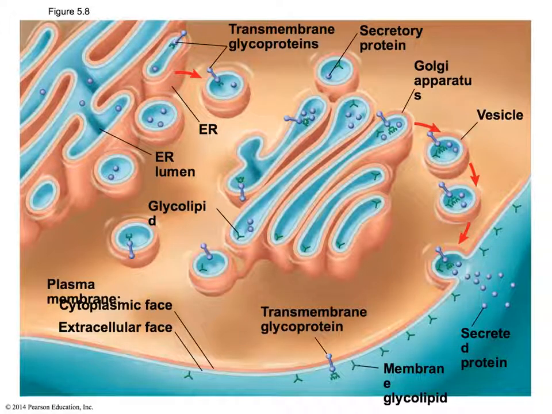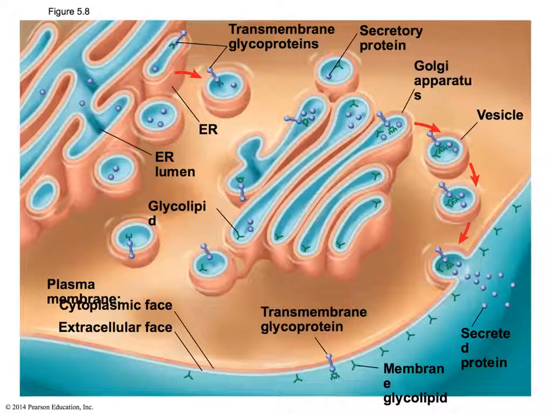Okay? This is the beginning of what we call... this is related to transport. Right? We're going to start transport, but it's also an example of sidedness of proteins of the membrane. Sidedness. Okay?